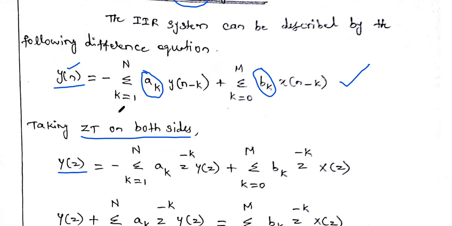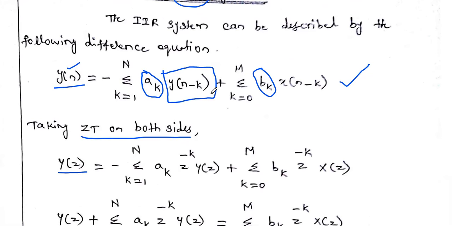Capital Y of Z is equal to minus summation k equal to 1 to n a k, where a k is a constant, so you keep a k as it is. Then what is the Z transform of y of n minus k? It is a delayed output.